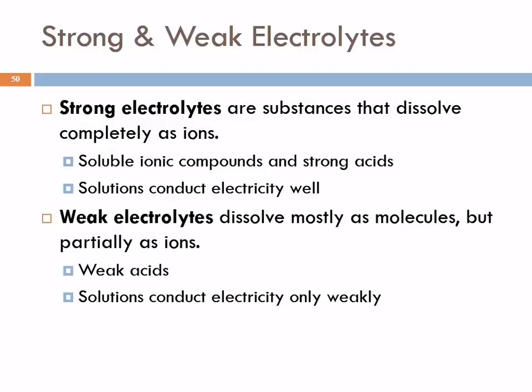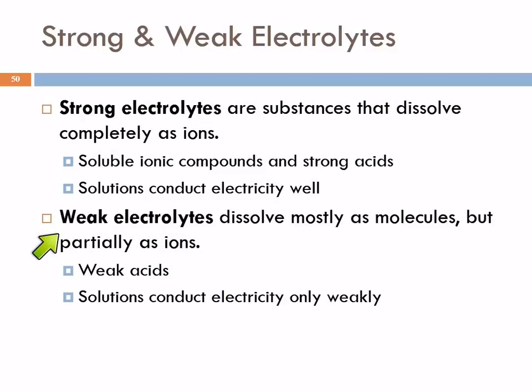So we just talked about electrolytes and non-electrolytes. Electrolytes can be strong or weak. And this is the same use of the words strong and weak as with the acids we just talked about. A strong electrolyte dissolves completely as ions. It ionizes completely, just like a strong acid does. And it will conduct electricity strongly. The light bulb will glow brightly.